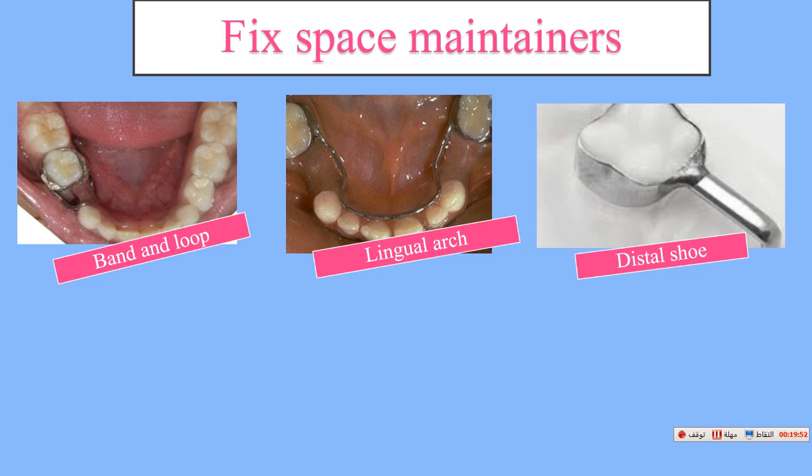It is not used for multiple missing teeth, and also not for patients with highly carious teeth. If D and E are lost on the same side before the eruption of the permanent first molar, we can use a removable distal shoe, not a fixed distal shoe.